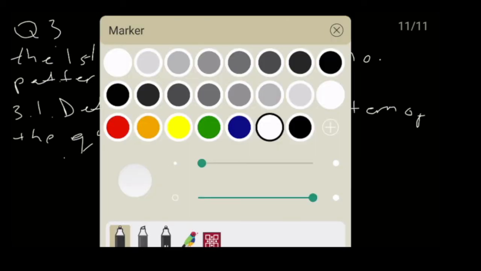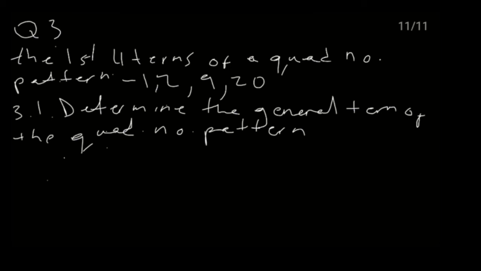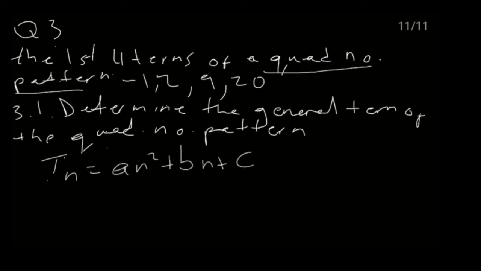Now the keywords are, it's a what? Quadratic number pattern, right? Which equations apply here? The general term of a quadratic number pattern is Tn equals an squared plus bn plus c, right?